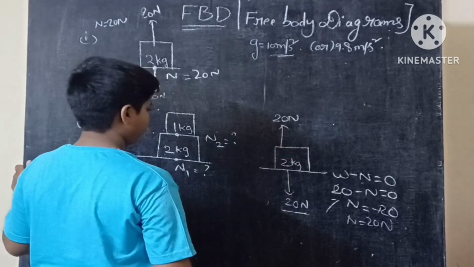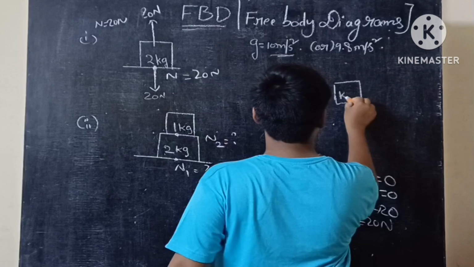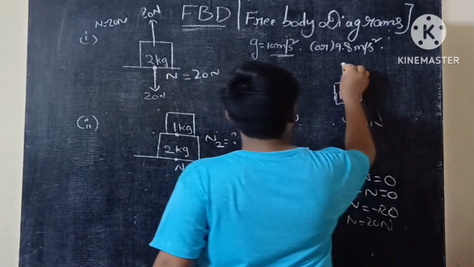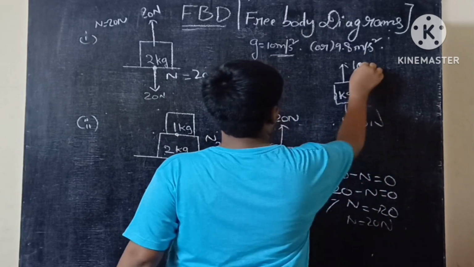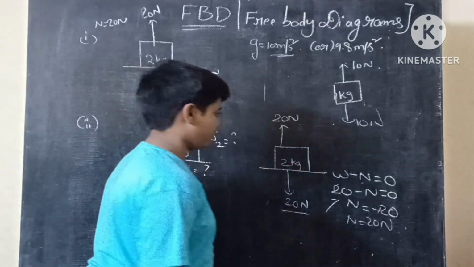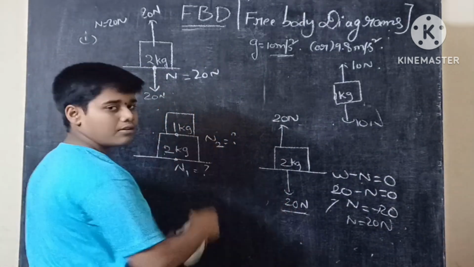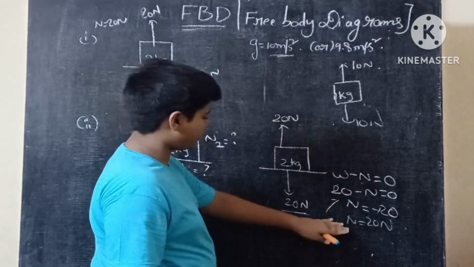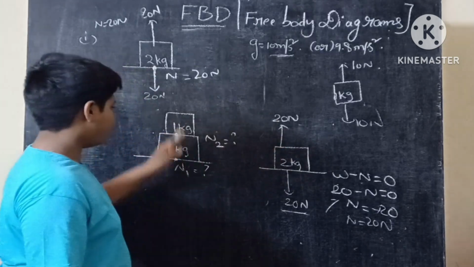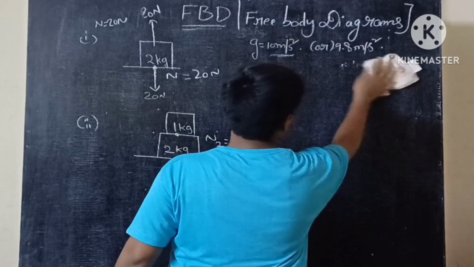So this is the free body diagram of 2 kg, and for 1 kg, downwards 10 newtons, upwards 10 newtons. Like this we have to isolate if they give the bodies separately. Here they give connected bodies.